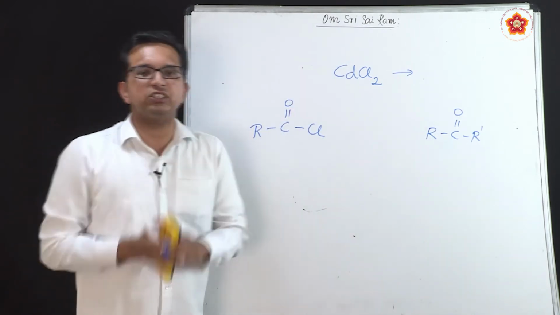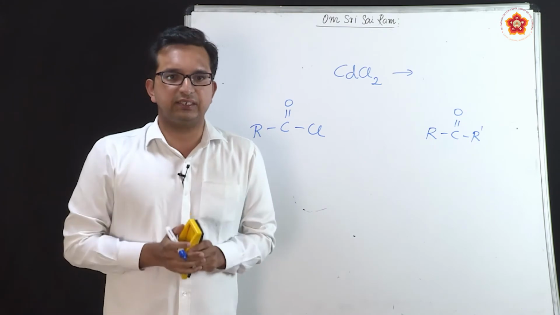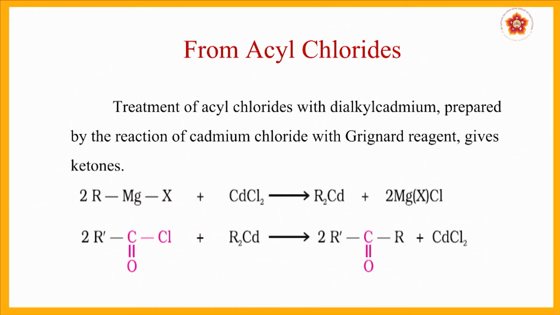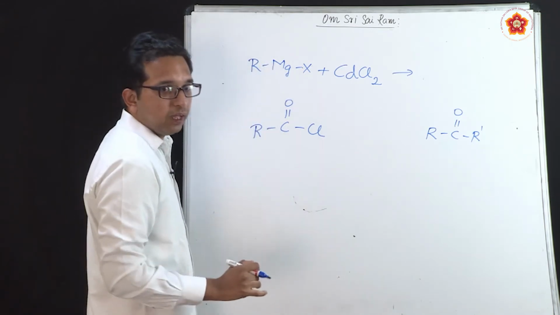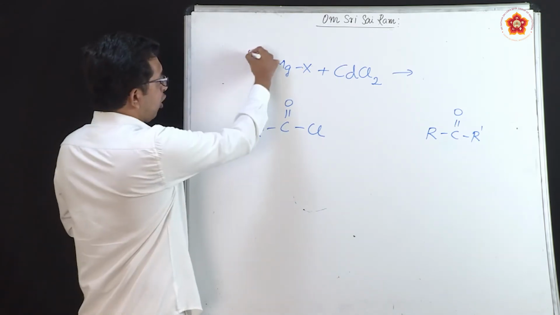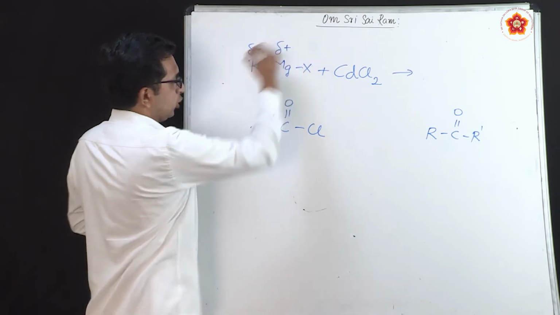So, what is the basic starting material now? Let us see in this case, where in the reaction you see that Grignard reagent is taken up, where RMgX we consider to be Grignard reagents, and this Grignard reagent is being treated with cadmium chloride salt. Now, this type of reaction generally happens where we know very well that Grignard reagents show a property of formation of carbanions.